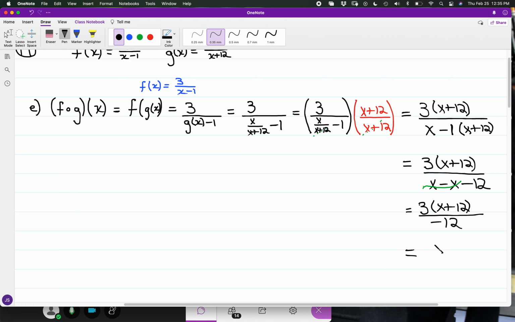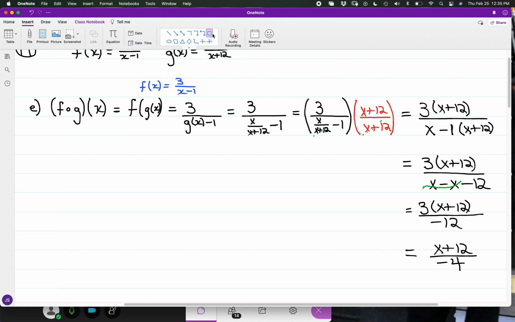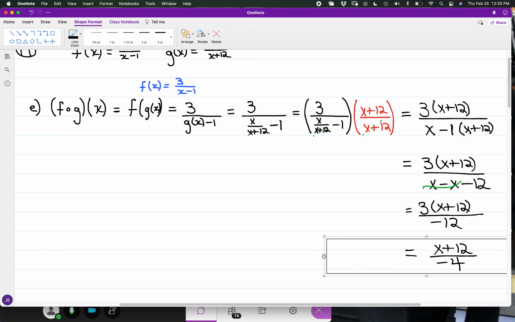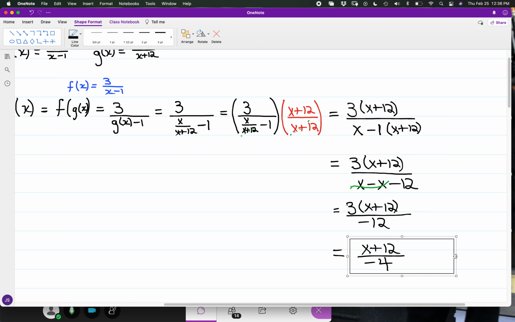So we can bring this down to x plus 12 over negative 4. As a simplified ratio, x plus 12 divided by negative 4 is the resulting composition.